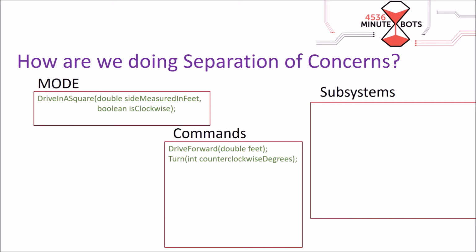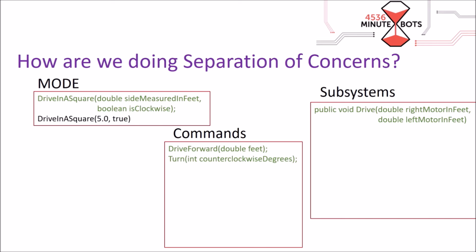Now the subsystem itself is actually really simple because it's just running some motors for the drivetrain. So it's basically got one method, drive. And the drive is going to take a double, which is a decimal, right motor in feet, decimal of left motor in feet. Each of the two different motors will be that far forward, and they can be different numbers, which will enable it to turn or to go forward.